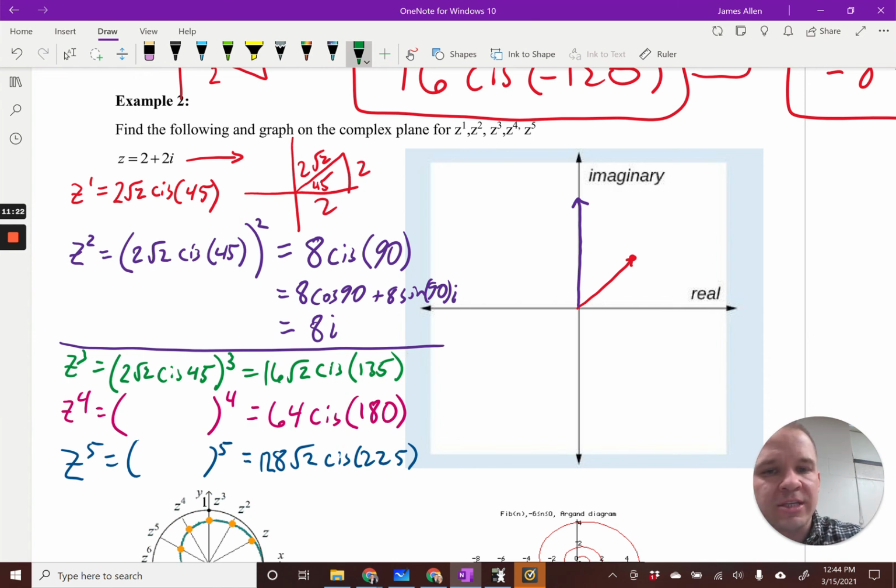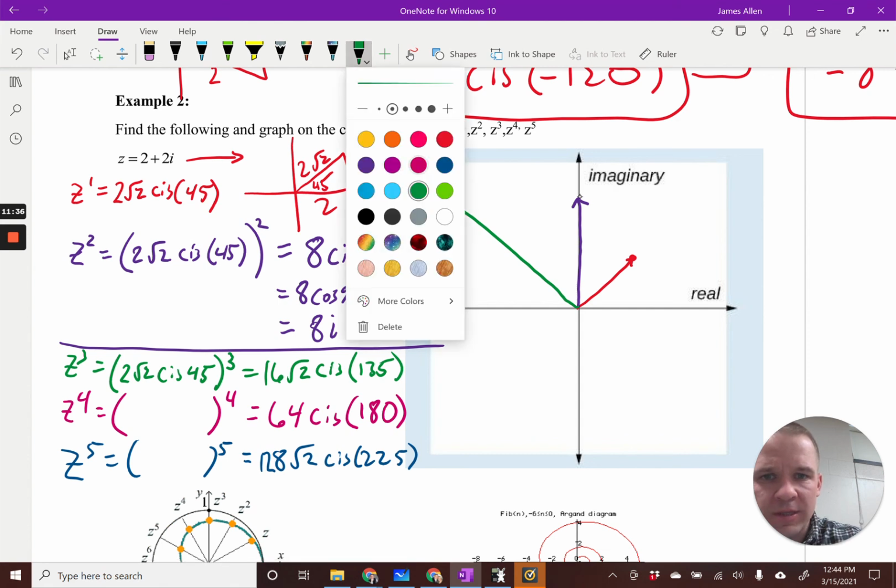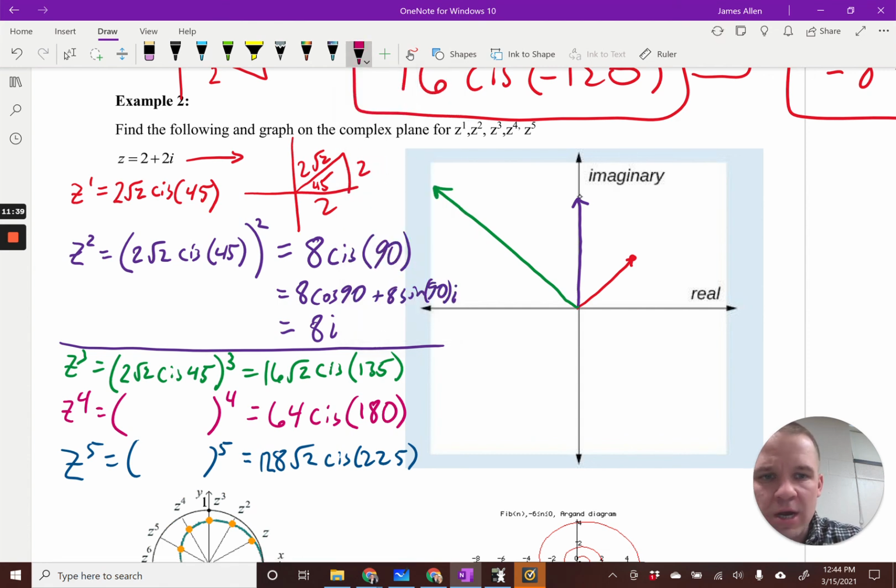I actually don't even need to convert these to graph them, because 8 cis 90 would just be 8 with an angle of rotation of 90, right? And now 135. This is going to get huge. I've got to go over this way. We're going 16 root 2, so even longer yet.